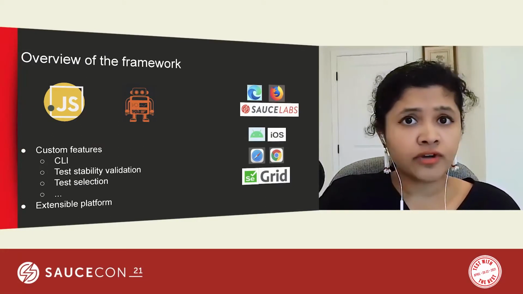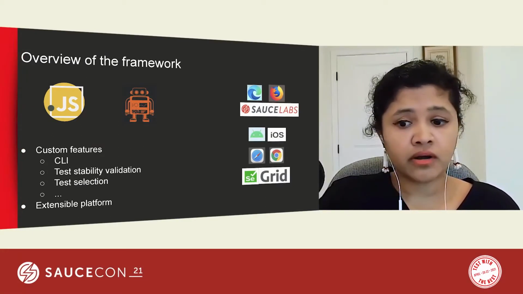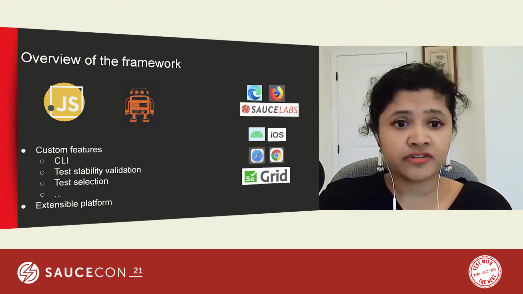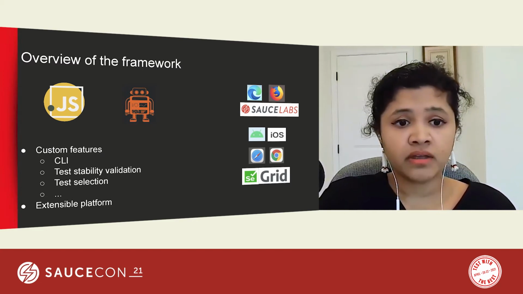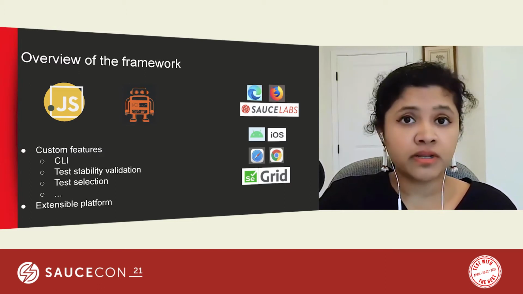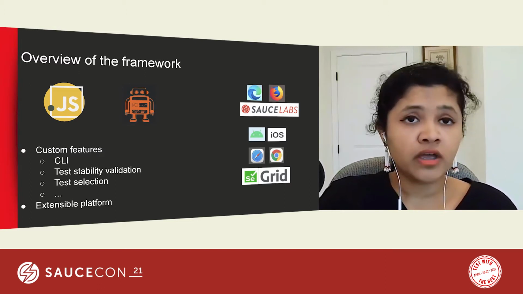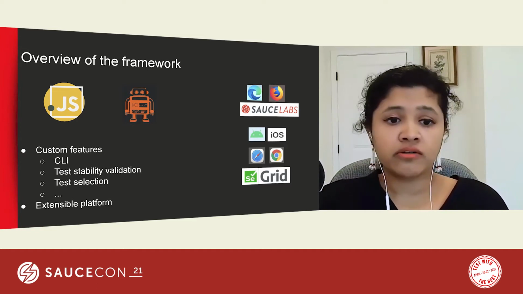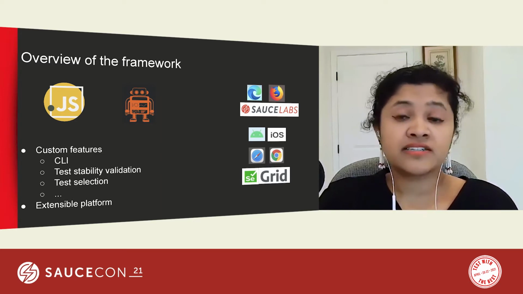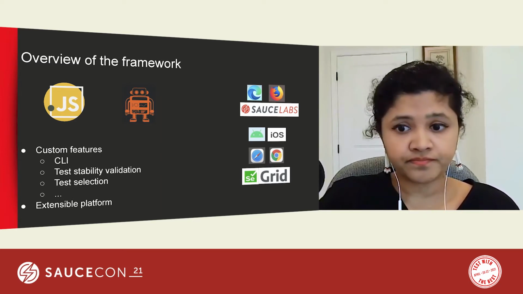And we have a lot of custom features that we've built for our partners, such as test stability validation, CLI, test selection. And another thing about our framework is that we've tried to build it as an extensible platform. So we have partner teams which have built abstractions on top of our framework, or extensions to the framework itself.